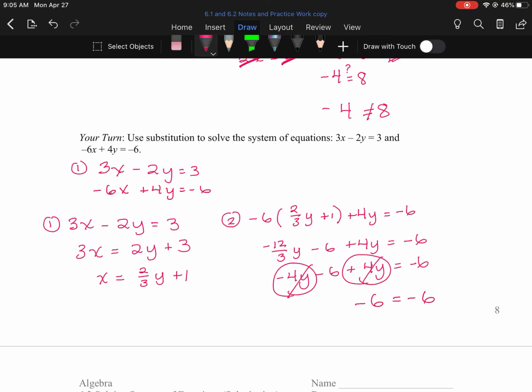Oh, so we got the left side does equal the right side. So we know this one is many solutions.